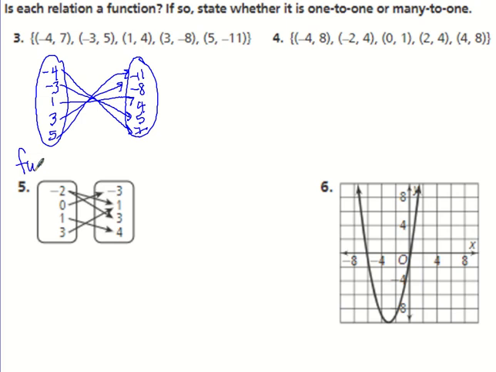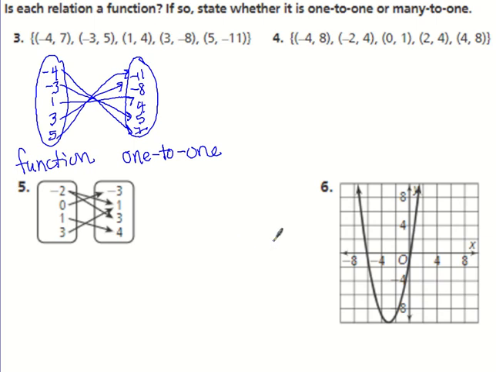So this is a function. And then to determine if it's a one-to-one, we then look here. Do any of my outputs have a double line? No. So this is then a one-to-one, meaning all of these only have one line as well. Okay, so functions, my x's, and my one-to-ones are my y's.